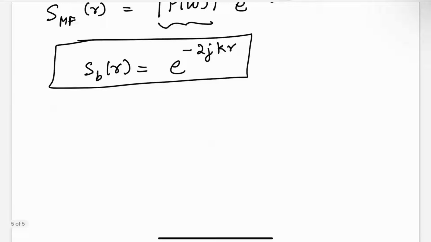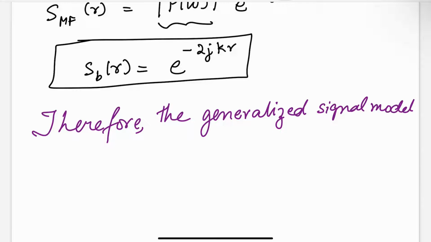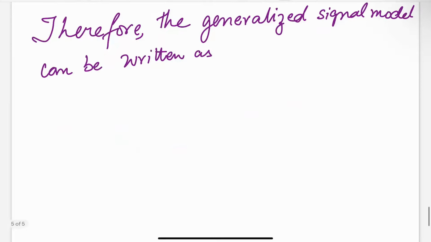So from all this, we can conclude that, therefore, the generalized signal model can be written as S_B, which is a function of R, where the target is, and it's also a function of where the location of your element is, and it is a function of k, equal to e^(−2jk|R' − R|).